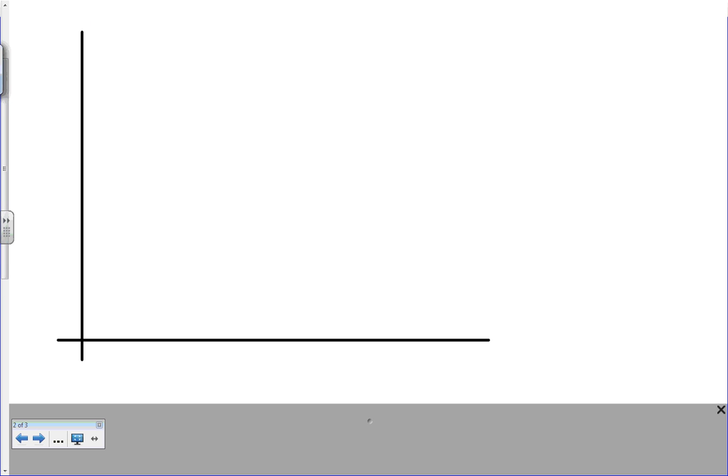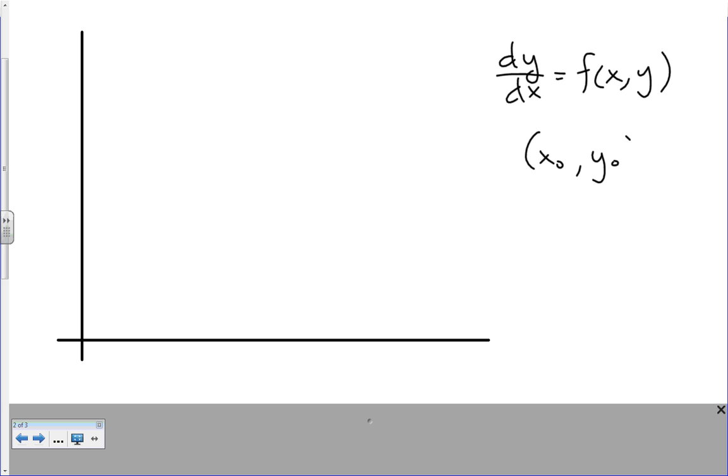So you start out with some differential equation. We'll say dy dx is equal to some function of x and y. And you're also given some initial condition. We'll call that x sub 0, y sub 0. And given those two pieces of information, I can come up with a sketch of a particular solution.